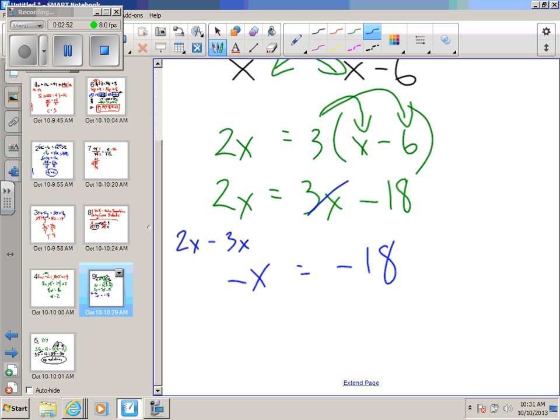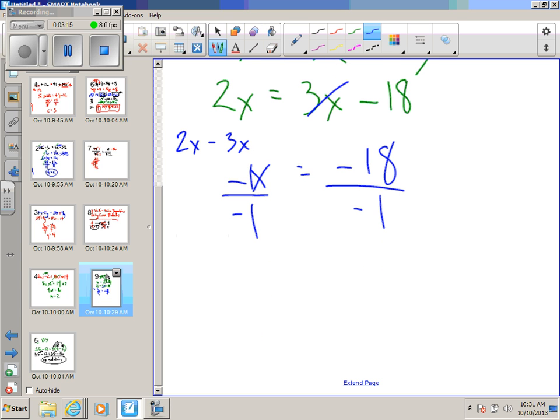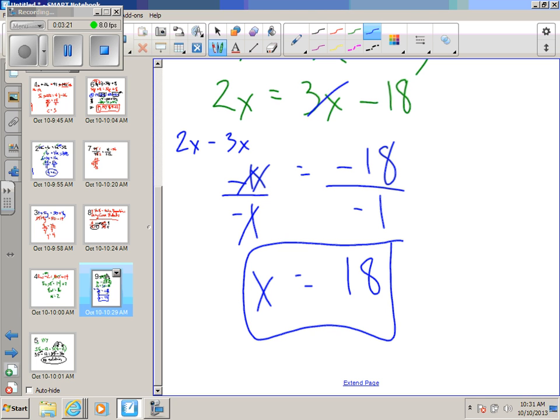Here's my negative 18. Am I done? Can I have a negative x? Divide both sides by what? What's in front of that x that I can't have there? Isn't there a negative 1 there? So negative divided by negative is a positive x. Negative divided by negative is a positive 18.